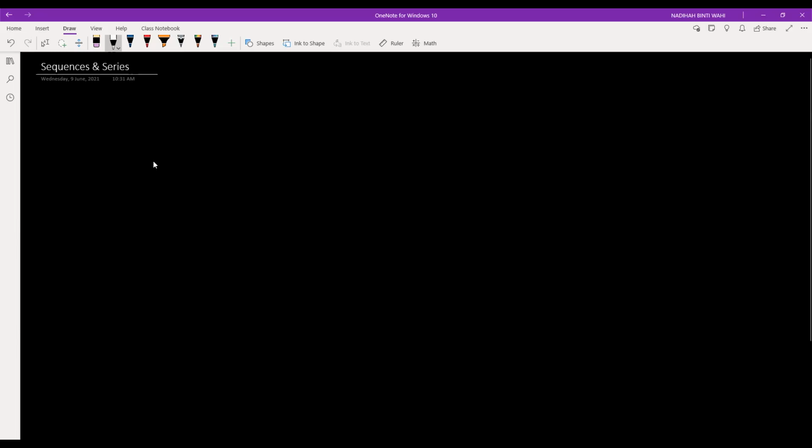Okay, apa maksud sequence? Sequence is a function. So it's like a function. And the domain is a set of real numbers. It can be real numbers, it can be complex numbers, it depends on your sequence.